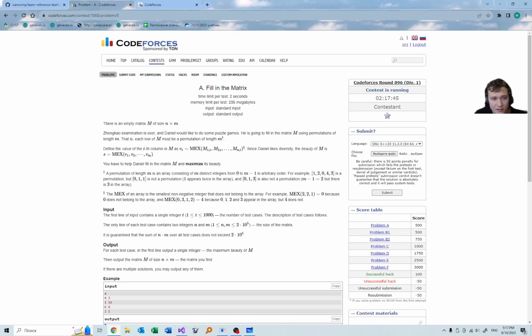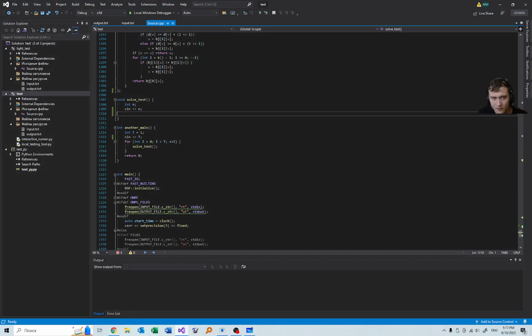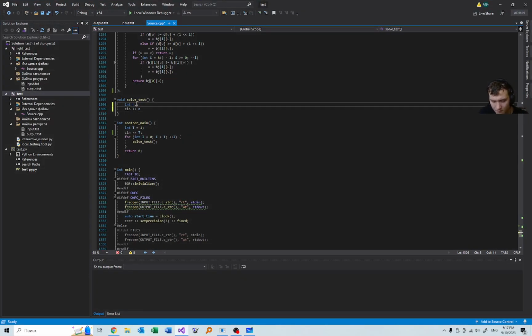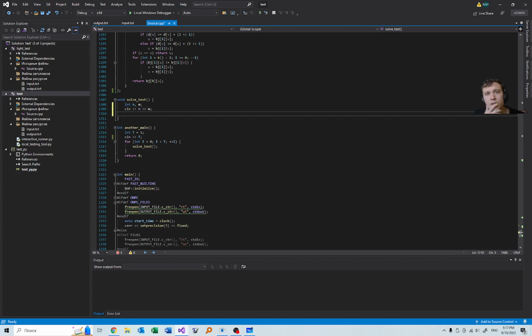So we read n and m. So after that we do the following.